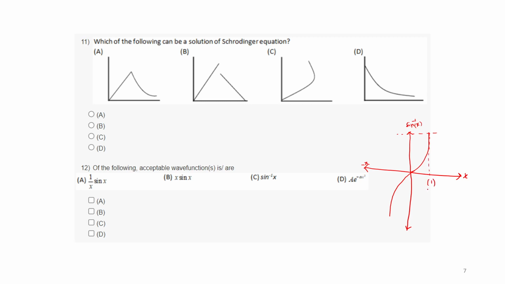When x is equal to 1, it is pi by 2, and this is minus pi by 2.